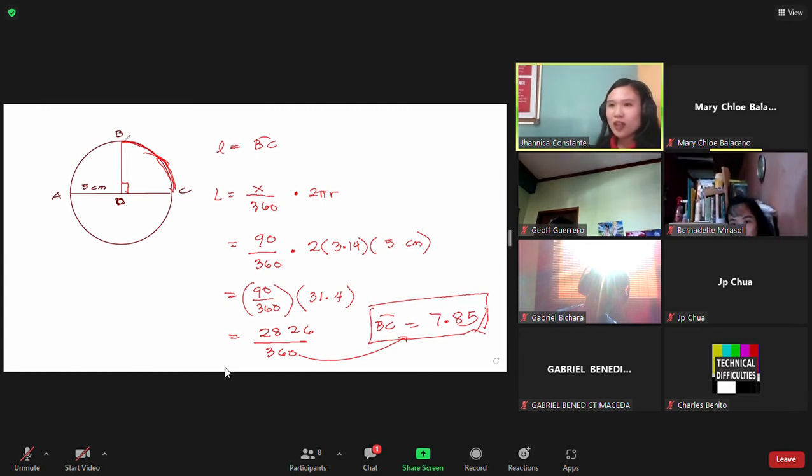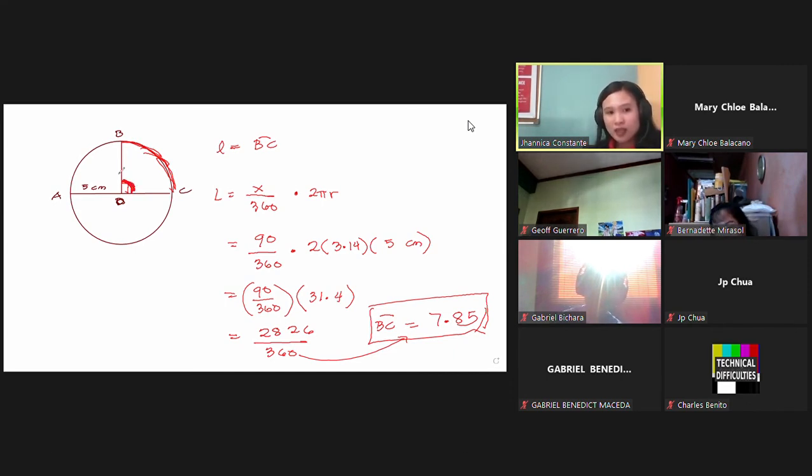So kung yung arc BC yung sinusolve, you're going to use the angle that has an arc of BC. Hindi pwedeng gamitin yung angle dito sa kabila, even though they are the same. You cannot use the angle here. So you're going to use the angle that has the arc that you're going to solve.